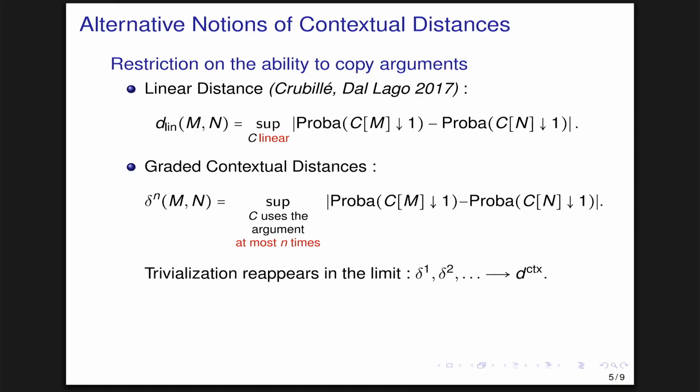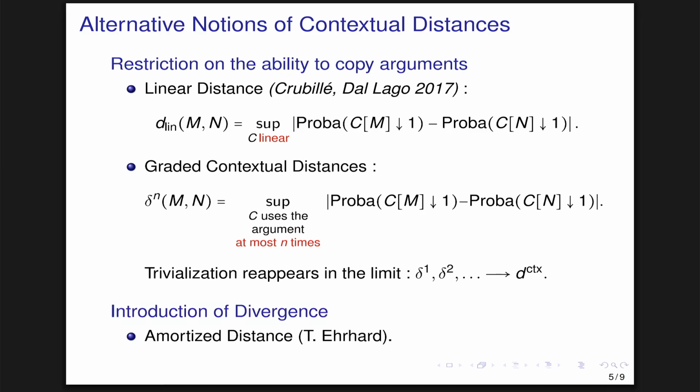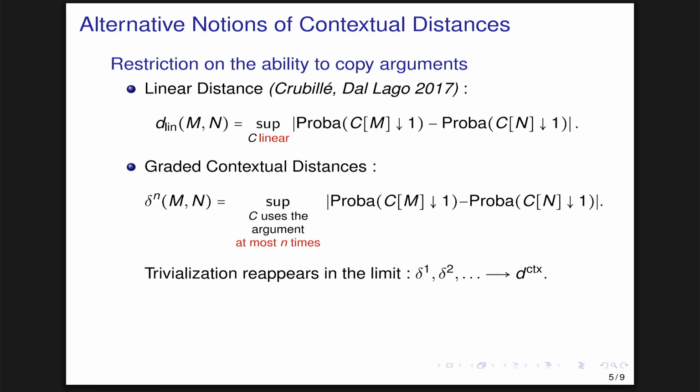We can also define a family of graded distances in which, for each n, we define the distance as the supremum over the contexts that copy the argument at most n times of the same difference between observations. Here we don't have the trivialization phenomenon, but it appears in the limit, because the family of graded distances converges to the trivial metric.